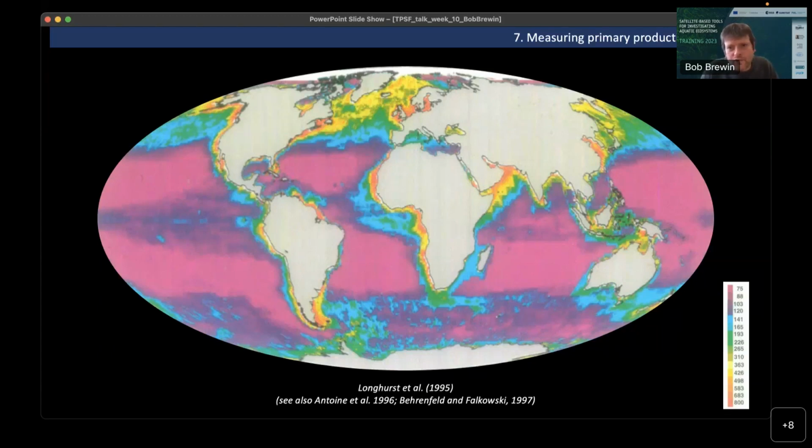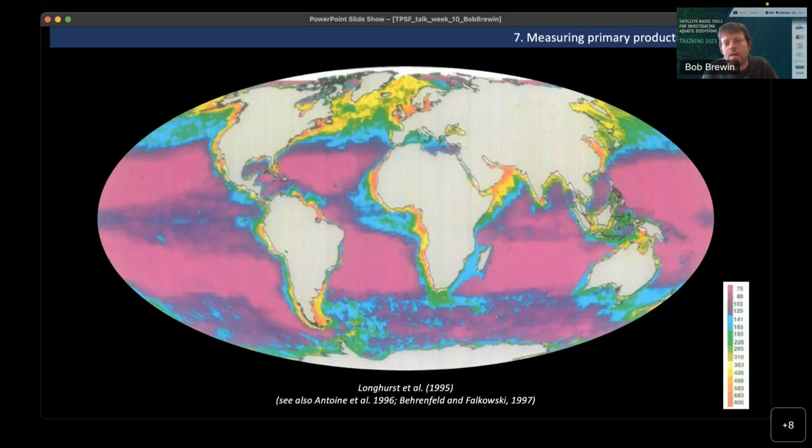But these were the first real illustrations of the power of satellite remote sensing, the ability to use satellite ocean color observations to, for the first time, get remarkably accurate estimates of global primary productivity, using satellite remote sensing directly, but also as an extrapolation tool for our in situ observations.